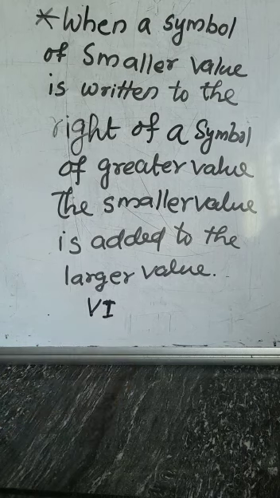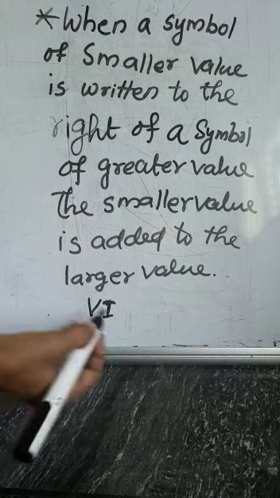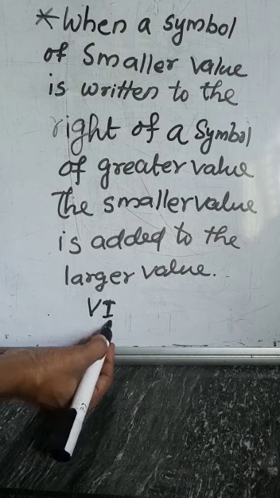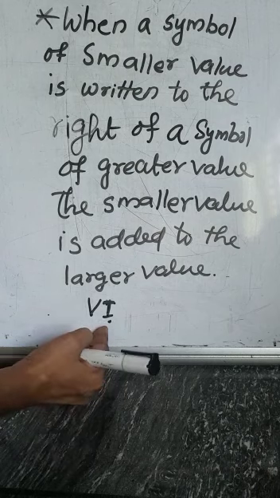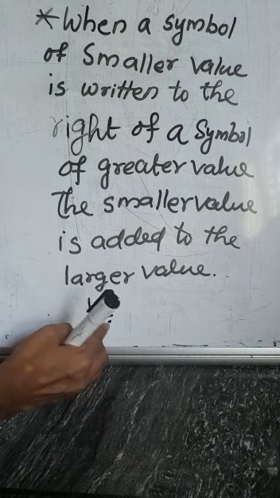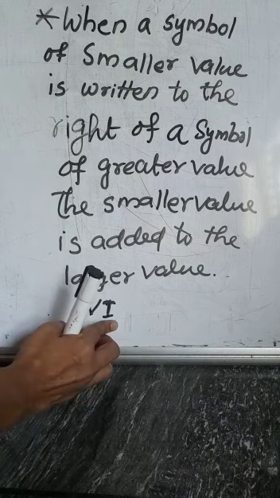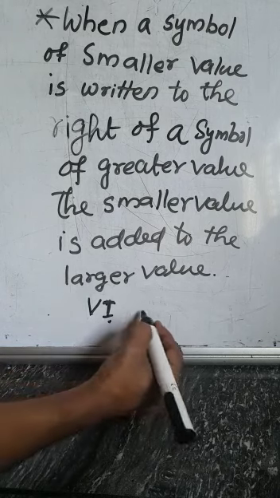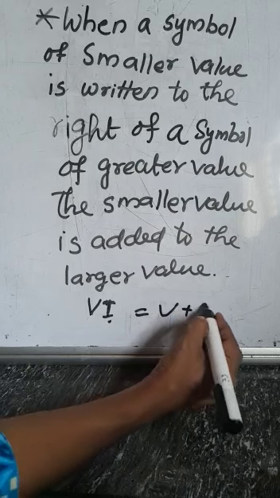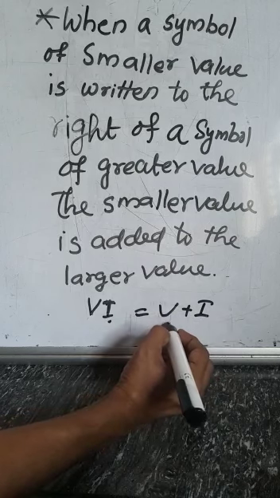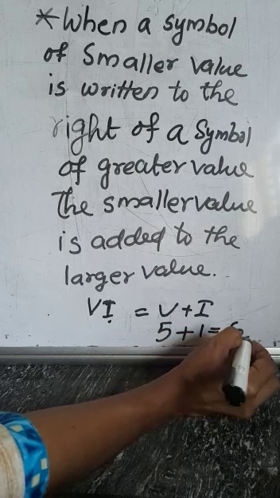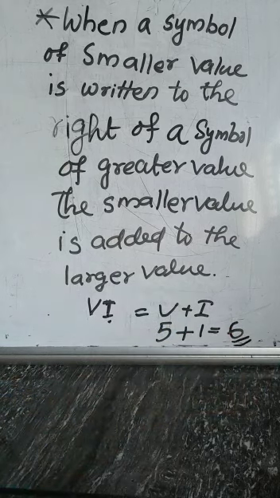Here, the symbol of smaller value is I. The smaller value is written to the right of a symbol of greater value, so the smaller value is added. That is V plus I. The value of V we know is 5, and I is 1. Then the answer is 6.